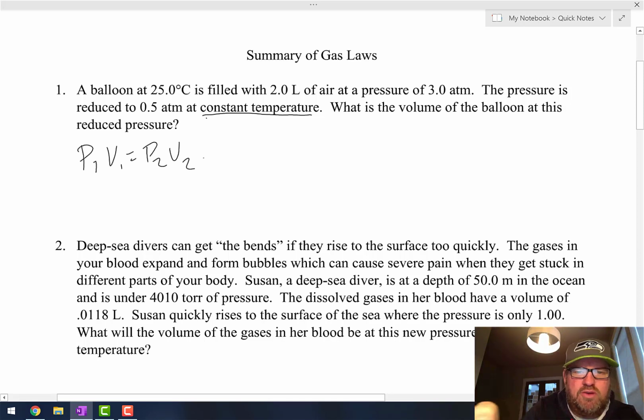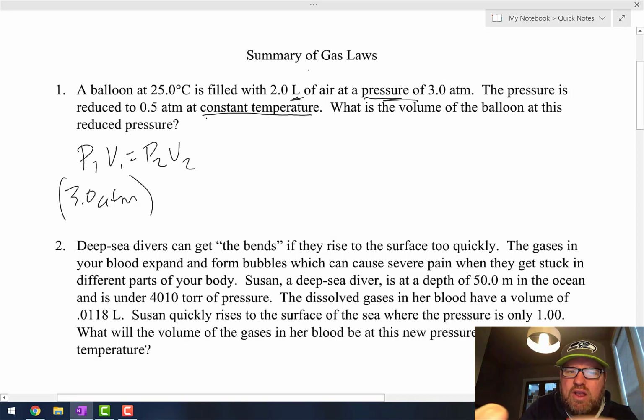P1V1 equals P2V2. Okay, so the initial pressure is 3.0 atmospheres. And again, guys, here it does tell you what pressure is, but you have to start recognizing, oh, when it says liters, I know that's a volume. Even though it doesn't say a volume of 2 liters, you need to start using these units here to help you identify, oh, 2.0, that's the volume initially.